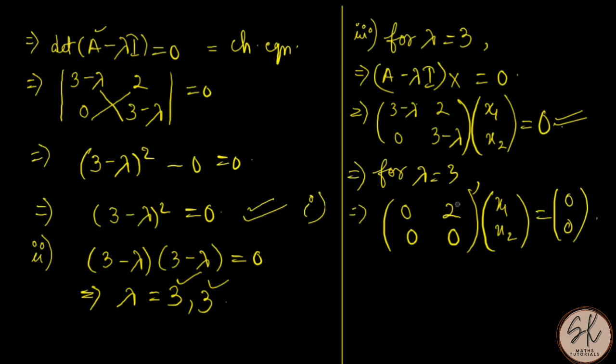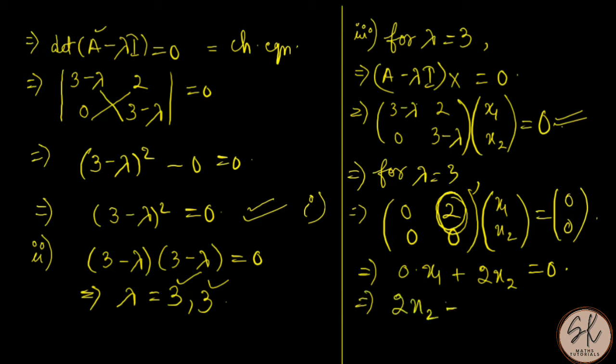From the second element, after multiplying, we get 0 times x1 plus 2x2 equals 0. This implies 2x2 equals 0, or x2 equals 0.